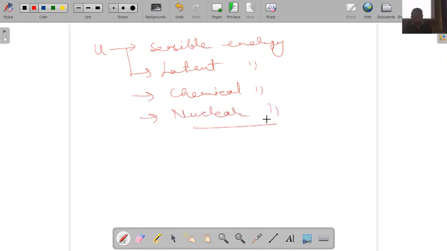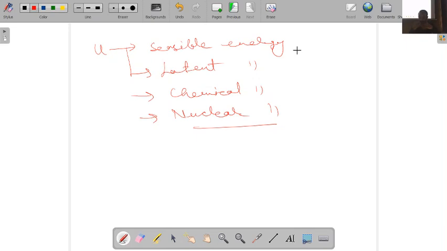Okay, so when you are increasing or decreasing the temperature, it means upon changing the thermodynamic state, only the molecular translational motions are changing and there is not much change in the molecular distances, then we say that sensible energy is actually changing.